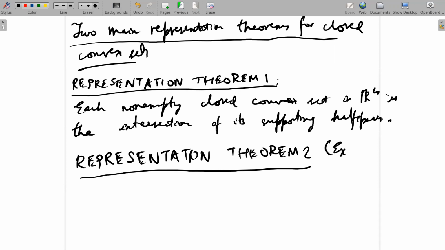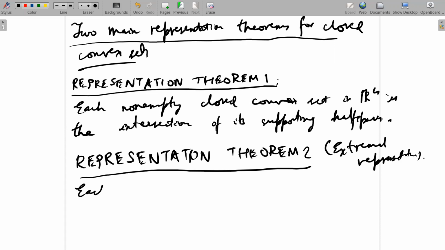So, extremal representations. There are other parts to it, so let me just state the simplest part.